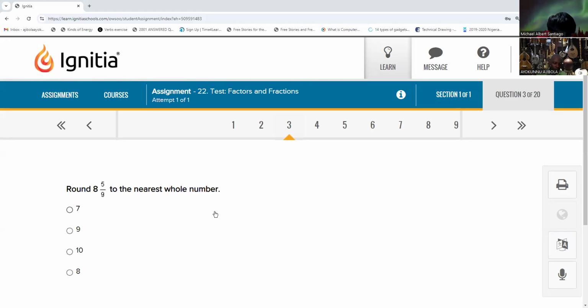Round 8 5 over 9 to the nearest whole number. So what do you think that should be? 10. The number is 8. So how can you jump to 10? Try again.